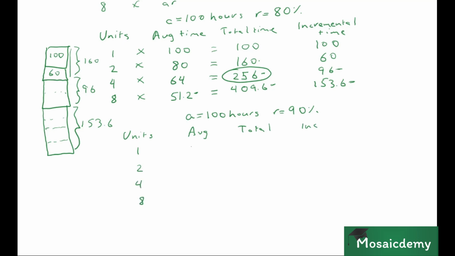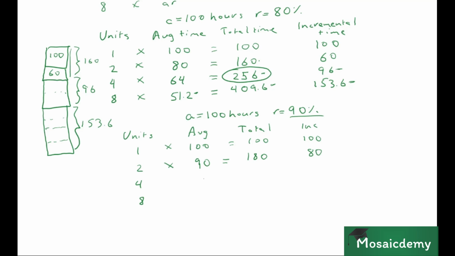So the first unit took 100 hours, so 100 here, and if we multiply these together, 100 here as well, right? Average time, every time we move down a row, we multiply by the learning rate. So 100 into 90% gives us how much? 90. So that's the average time the first 2 units took, meaning they took a total time of 180. And for incremental time, 180 minus 100, the second unit took 80 hours, while the first unit took 100 hours.